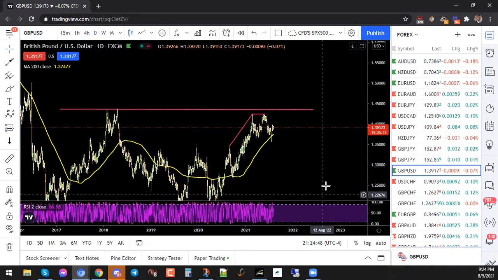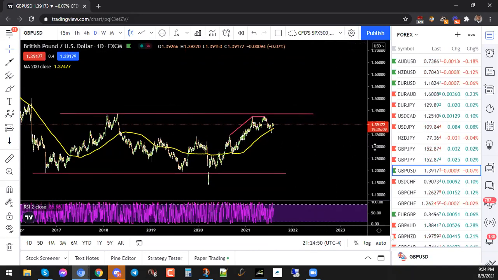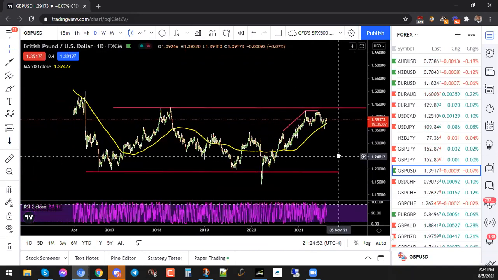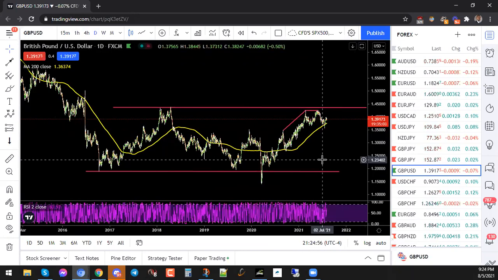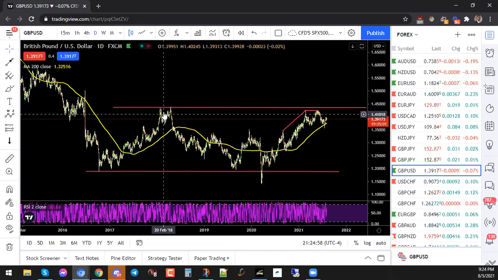I'll go back to the daily because it looks much cleaner on the daily. So this is what we're looking at, right? On the daily. This is a corrective move up, but in this case, it serves as a corrective impulse wave.